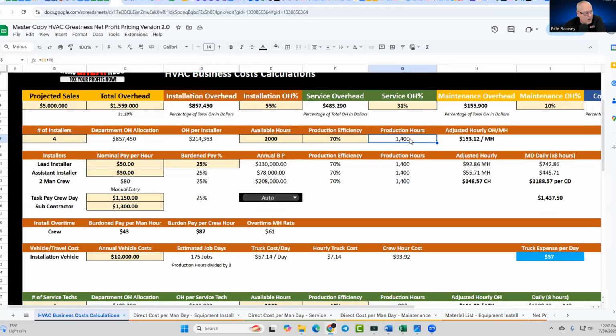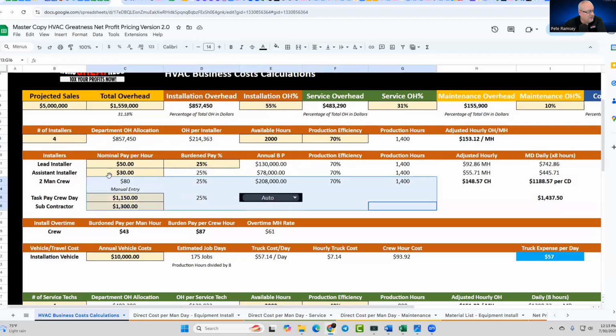And a production hour means that, yes, we're paying them 2,080 hours, but there's 40 hours a year we're giving them vacation, there's 40 hours a year we're giving them paid holidays, and we're assuming that of these 2,000 hours left over, they're about 70% billable, 1,400 hours. Now that's about 175 work days, split up between these two-man crews.